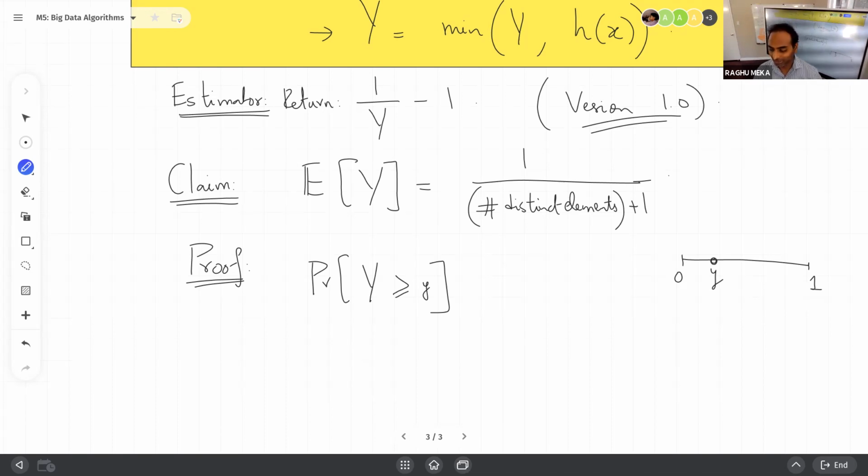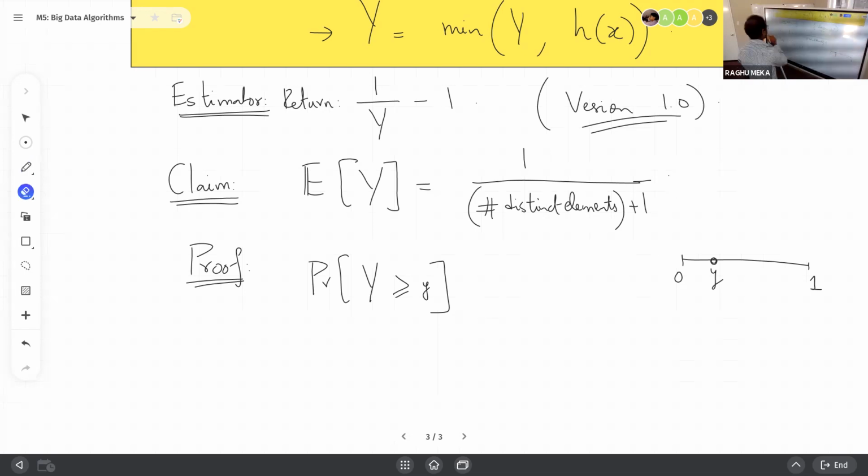What is the answer to that? So the PDF of this y, it's a continuous random variable, it's kind of weird. But what's the probability that it's more than 1/3? Well, if it is to be more than 1/3, then all of the distinct elements in the stream must be mapped to the last 2/3.